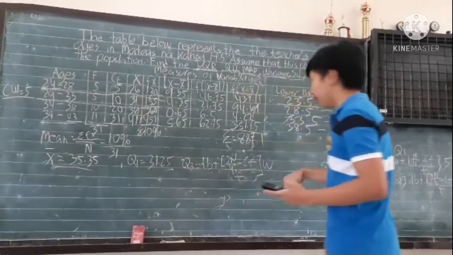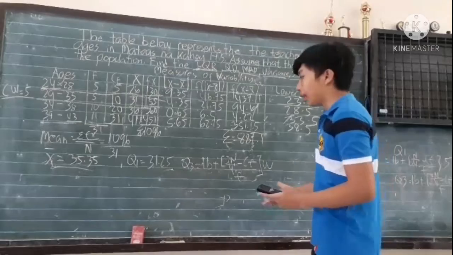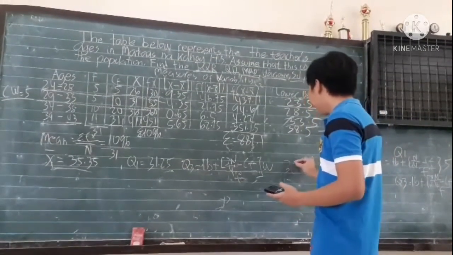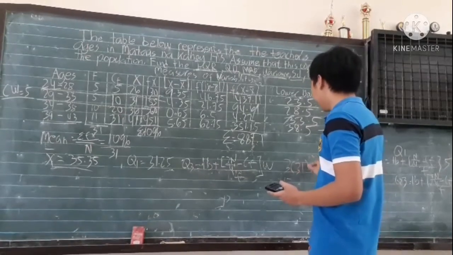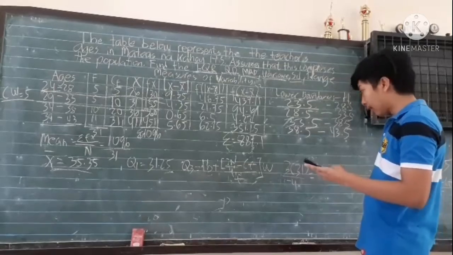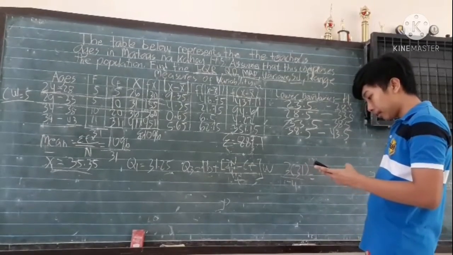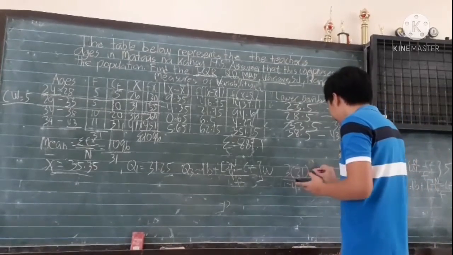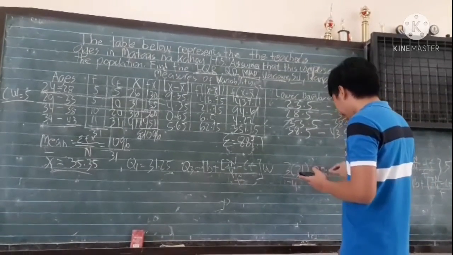So we need to find first again where is the quartile 3 class. So 3 times 31 over 4. 3 times 31 divided by 4, 23.25.